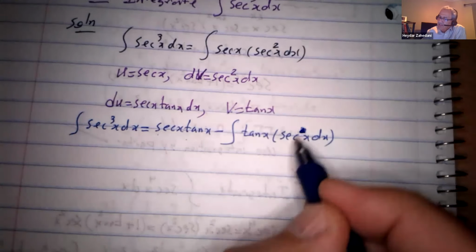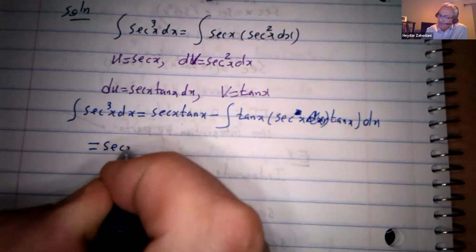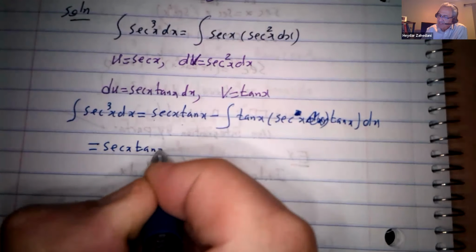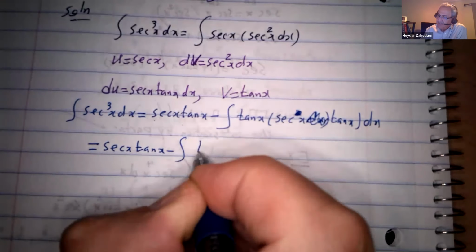Always when we get the second one, you see tangent, and it will be the tangent squared. So it's going to be secant of x tangent of x minus integral of tangent square of x secant of x dx. It's always the case, you end up with the tangent squared.